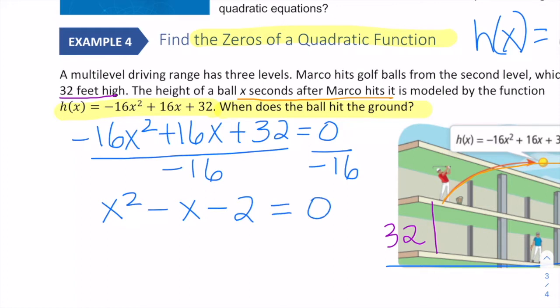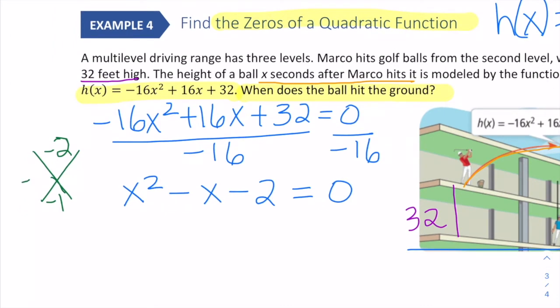Now I'm looking for two numbers that multiply to make negative 2 and add to make negative 1. So that'll be negative 2 and positive 1.